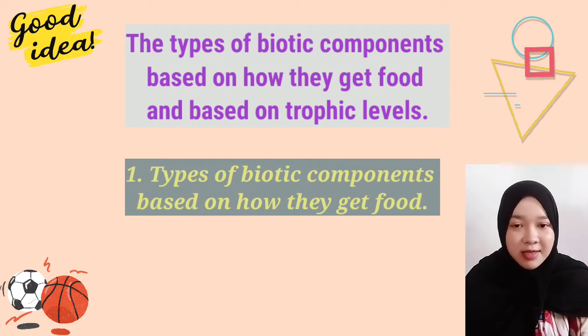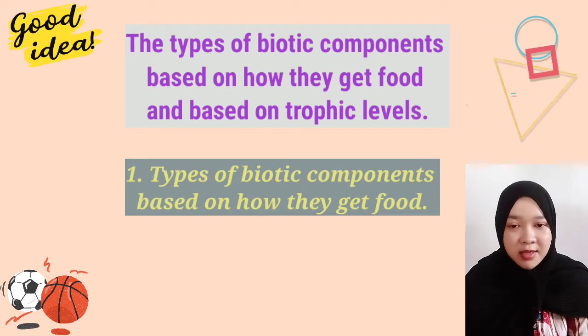The second is consumers. They cannot produce their own food, so they have to eat other living things. And the third is decomposers. Decomposers are microorganisms that decompose the carcasses of living things or the waste product of digestion.